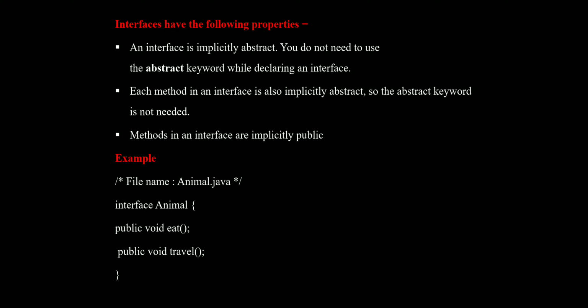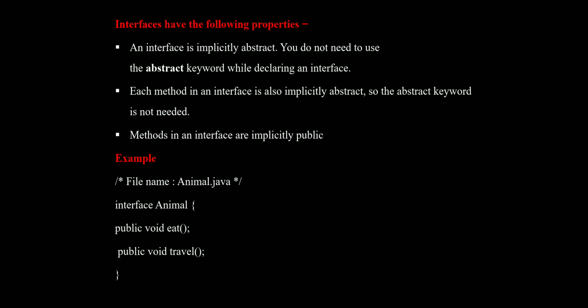Each method in an interface is also implicitly abstract, so the abstract keyword is not needed. Methods in an interface are implicitly public. These are the properties an interface has.